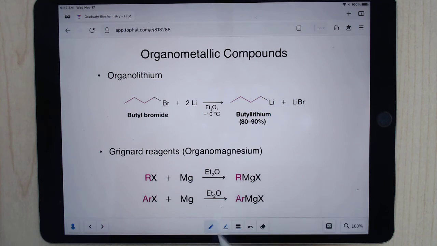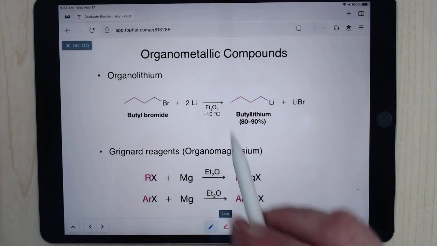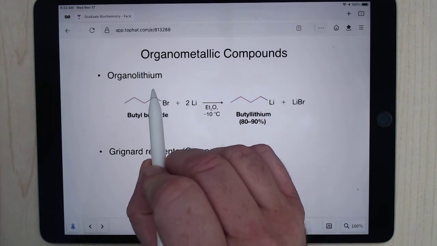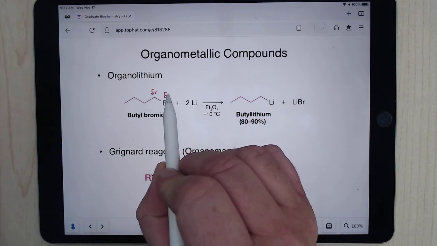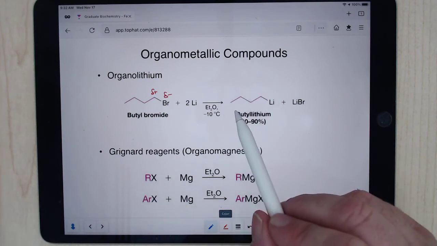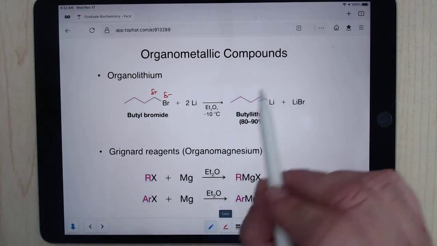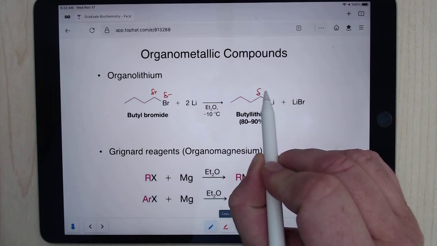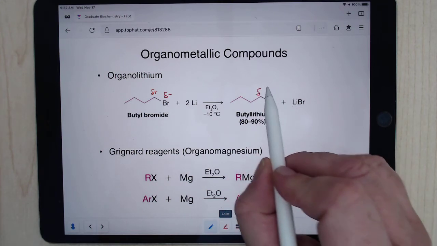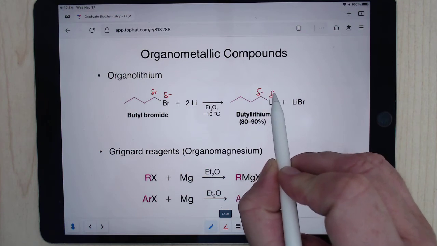And if you look at what's going on with this polar covalent bond here, right now it's partial positive, partial negative here. But when you make something like butyl lithium, this switches. So now carbon is the more electronegative side, so it is partial negative, partial positive.